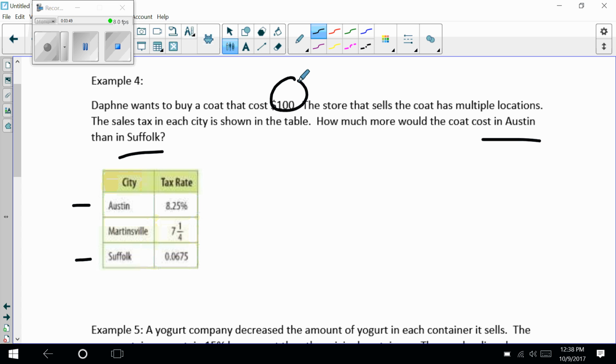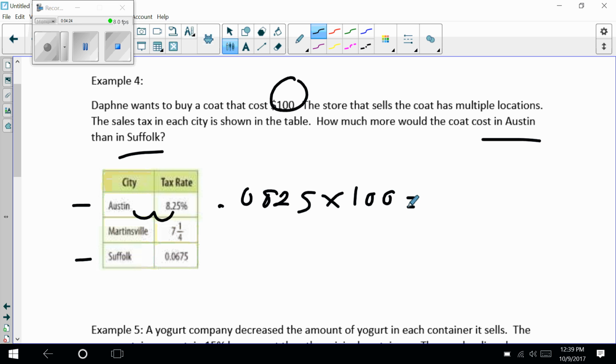We cannot actually just take the percent number and multiply it because our decimal will be in the wrong place in our answer. So if I look at Austin, I know I'm going to move my decimal 2 places to the left, or it's like dividing by 100. So that is going to become 0.0825. Okay? And now, if I want to find tax on an item, I'm going to take my percentage as a decimal, and I'm going to multiply it by the cost of my item, in this case, which is $100.